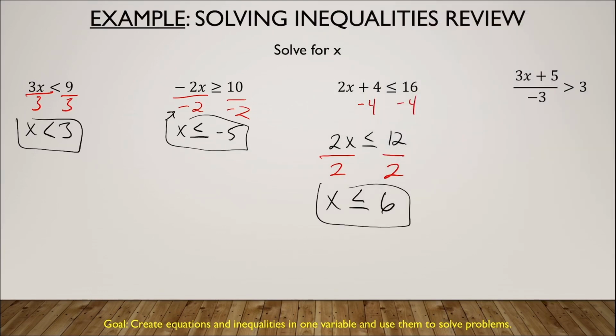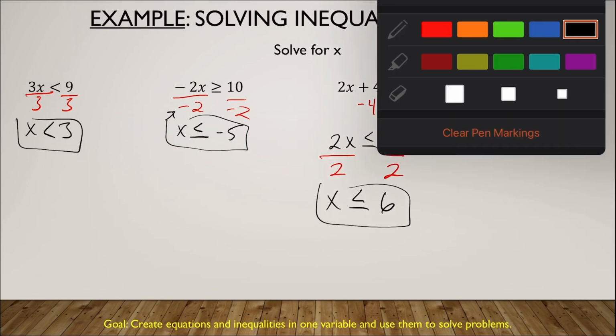Okay, on my equation on the far right, I'm going to first multiply both sides by a negative 3. Those cancel out. I get 3x plus 5. Since I multiplied by a negative, my inequality is going to flip around. So I now get less than 9.